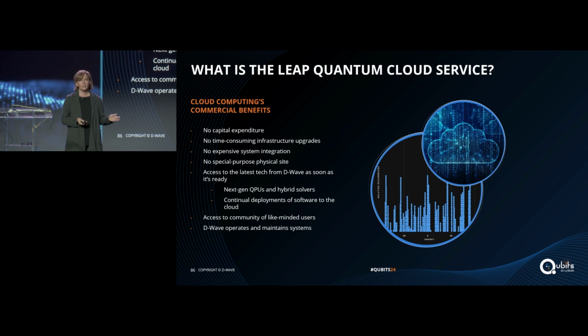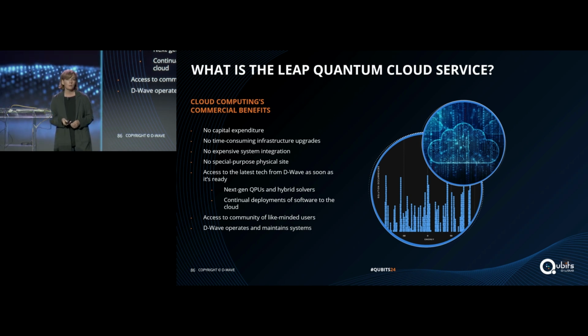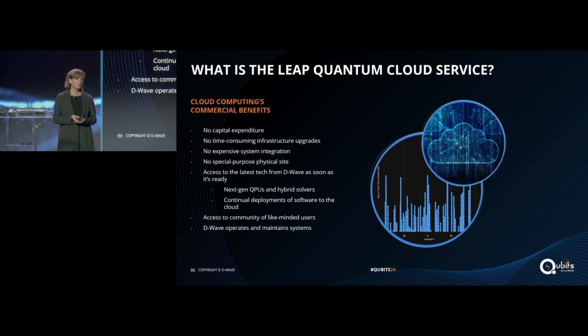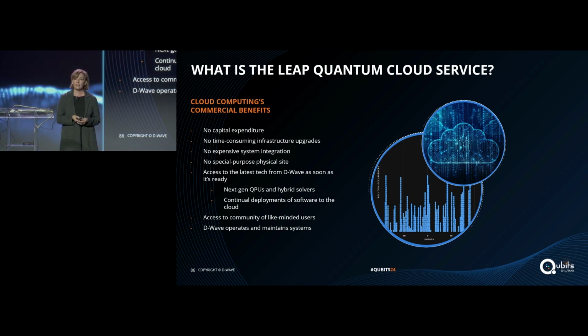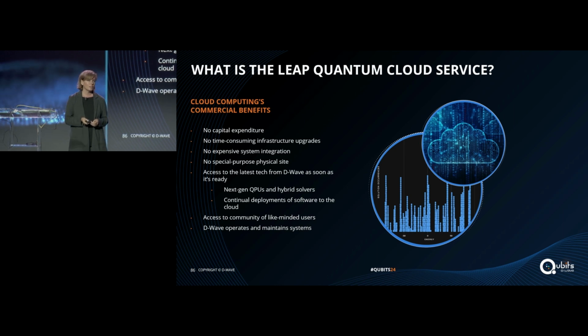So it removes the need for special sites and immense capital expenditure, managing the operations and upgrades and maintenance of these systems. So D-Wave obviously takes care of all that, and we just make our systems available through the cloud. So it really removes a lot of the barriers to accessing this amazing technology.